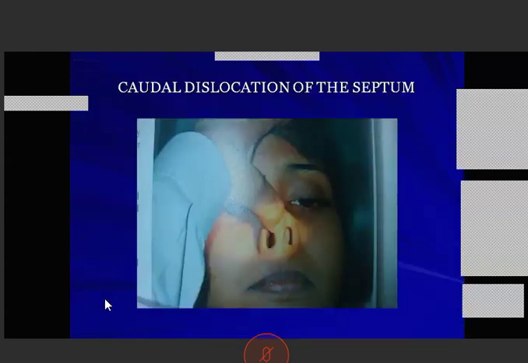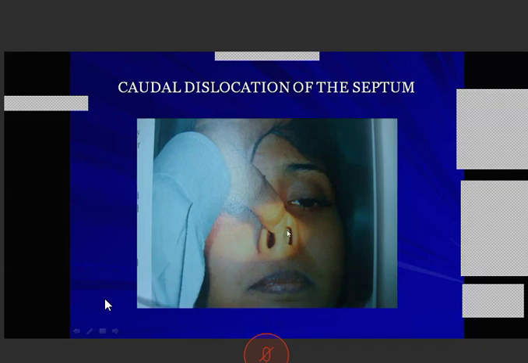See, you can see this is the caudal dislocation to the left. Whenever you do a tip elevation, normally the anterior-most or caudal part of the septum should be kept in the columella. When it is not kept properly there, it may get dislocated into either of the nostrils.